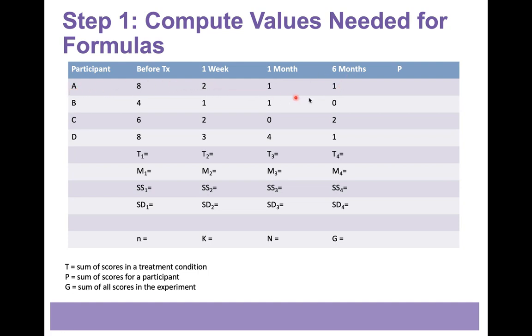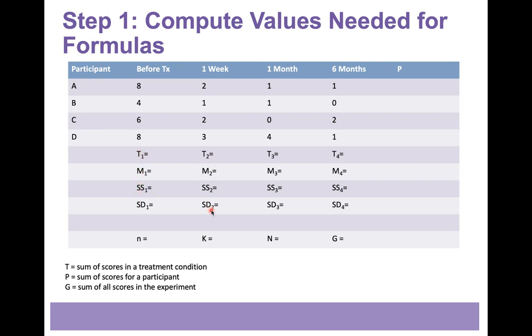So person A, we list their data with our treatment conditions along the top. Then we list person B's data, person C's data, and person D's data.